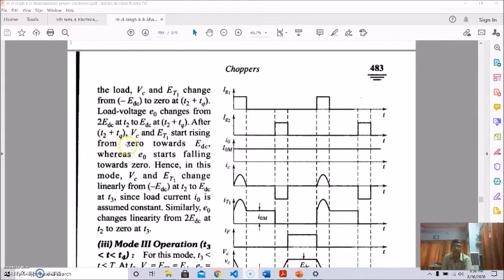After T2 plus TQ, Vc and Et1 start rising from 0 towards EDC, whereas E0 starts falling towards 0.